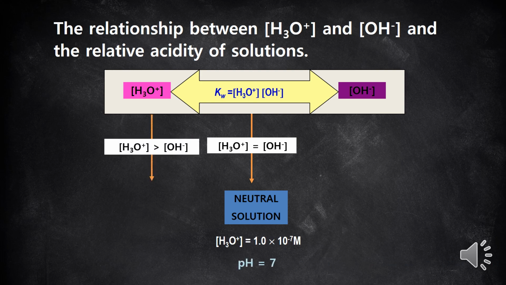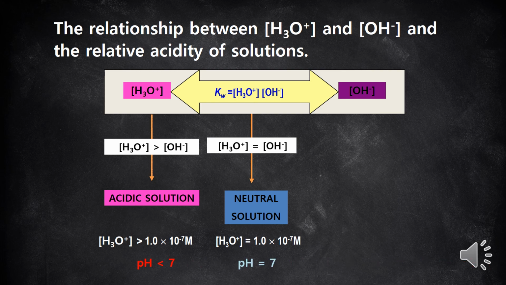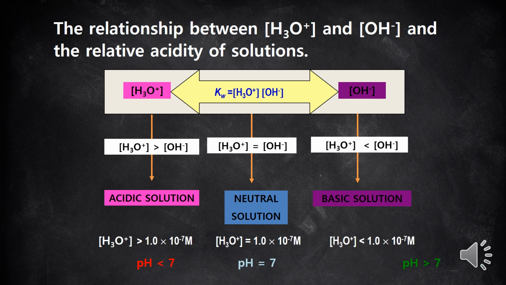If the concentration of hydronium ion is greater than hydroxide ion, the solution is acidic solution and the pH value is less than 7. And if the concentration of hydronium ion is less than hydroxide ion, the solution is basic solution with the value of pH greater than 7.